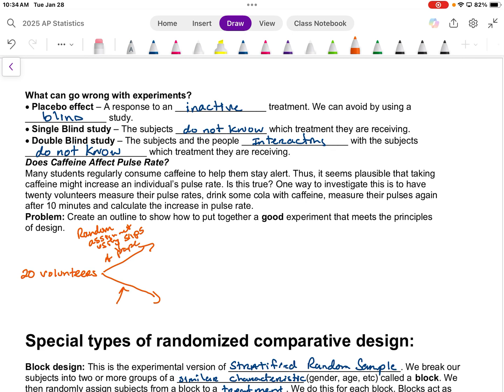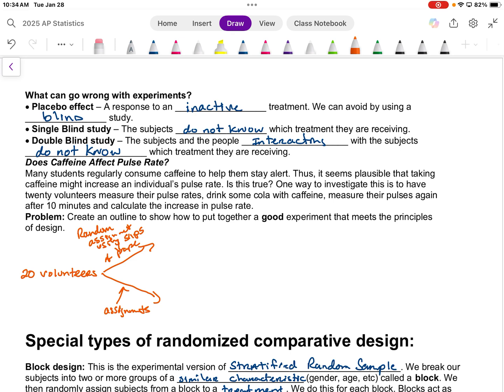In this stage, we're doing our random assignments. Maybe I'm saying, okay, I'm going to put the 20 names in a hat on similar sized pieces of paper, and the first 10 names I pull out are going to go to group 1. The next 10 are going to go to group 2 automatically. So somewhere you would define how you're assigning that.